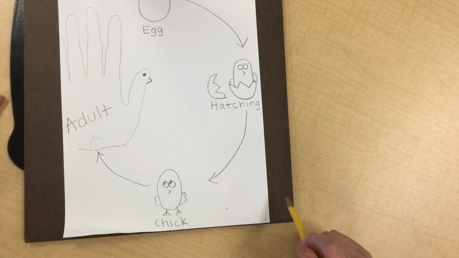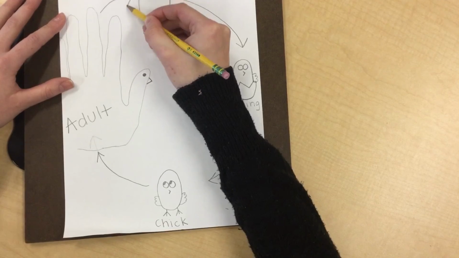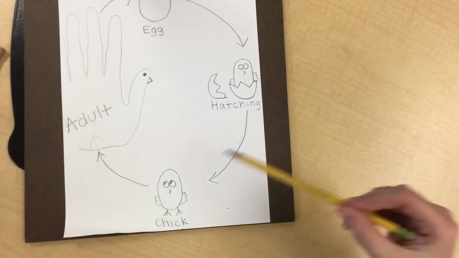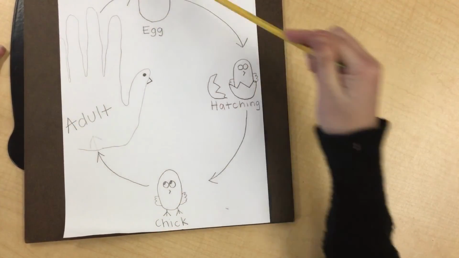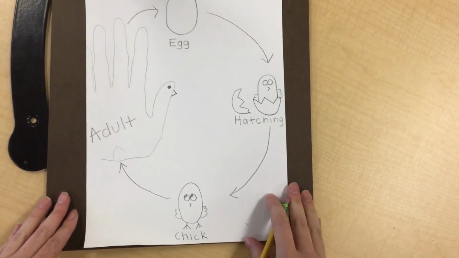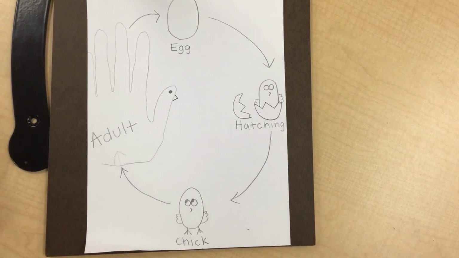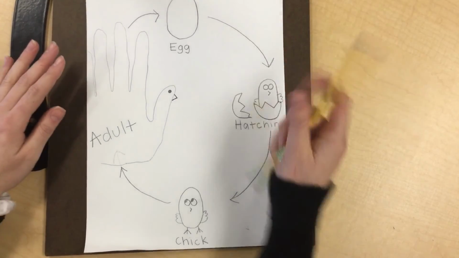And then after my adult stage, I go back and I lay an egg. And then the cycle just goes on and on and on. So there are the stages of the life cycle. What I'm going to do is in the middle, or maybe off to the side, I like mine in the middle.